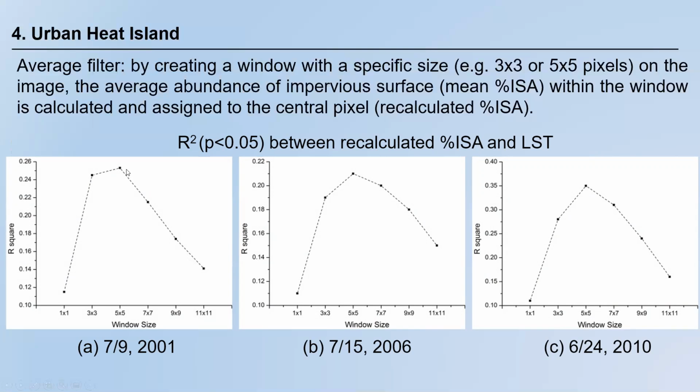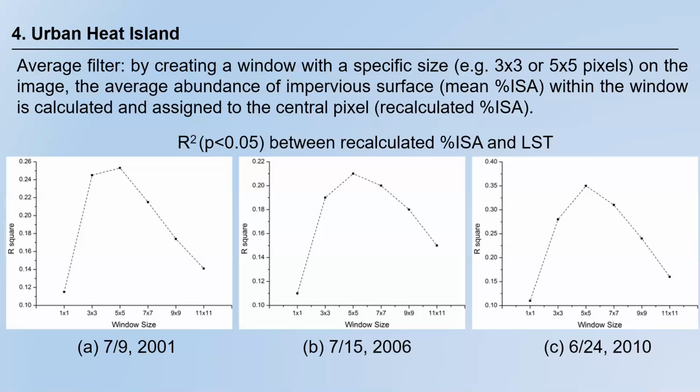But you can see that when you continue to increase the size of the window, the R square is not going to increase continuously. It is going to drop. So my conclusion here is that the neighboring effect is actually right there, right? When you take into account the neighboring effect, you can better address the relationship between percentage ISA and LST.